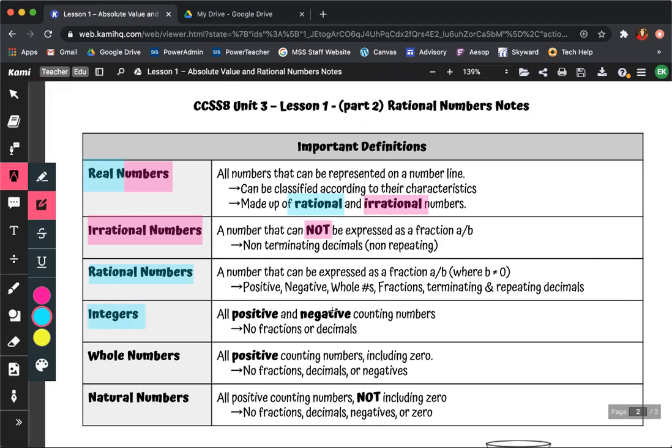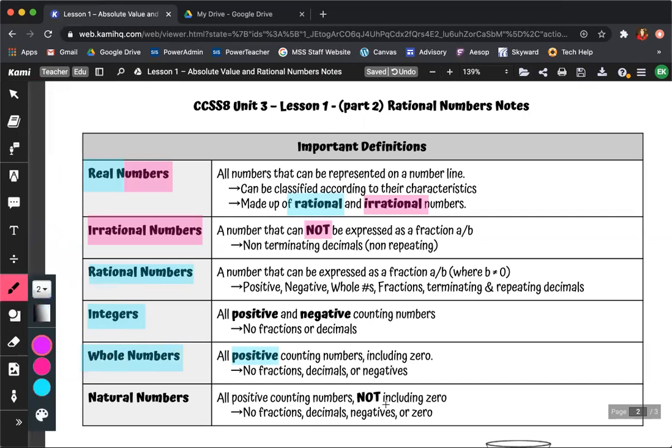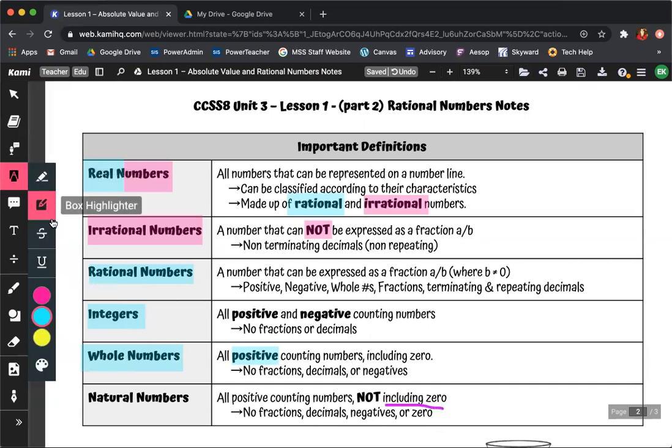And a lot of times people say they're whole numbers, but whole numbers are all positive counting numbers. So integers are those counting numbers that are positive and negative, no fractions, no decimals. Whole numbers are all the positive counting numbers, including 0. So that part is important to note, including 0.